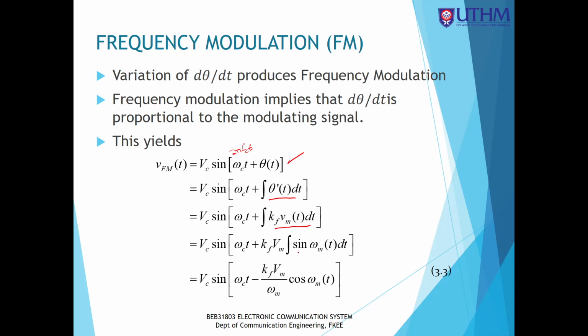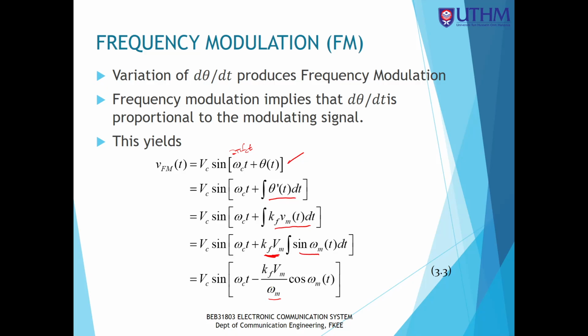We can do the integral of Vmt by putting Kf and Vm outside, because Kf and the peak amplitude are constant parameters, and then integrate sine omega mt. The integral of sine gives negative cos, divided by omega m.